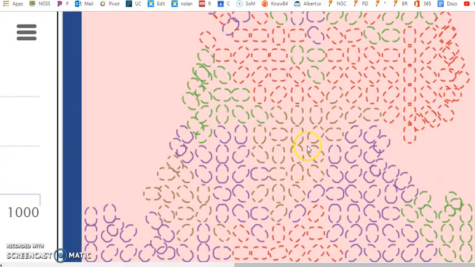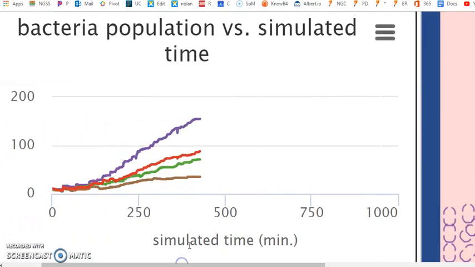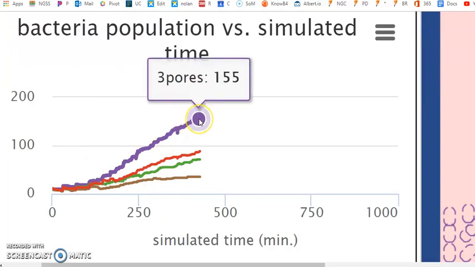The brown have 5 holes, and they didn't do very well either. The green have 4 holes. And finally, the purple have only 3 holes, just 3 little holes. And those purple bacteria way out-competed everybody else.